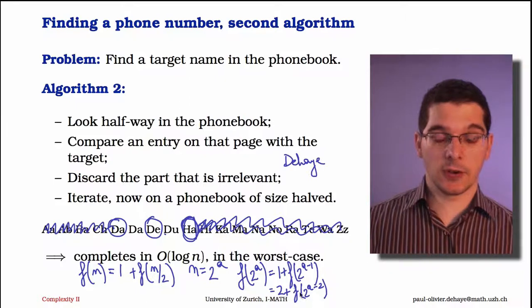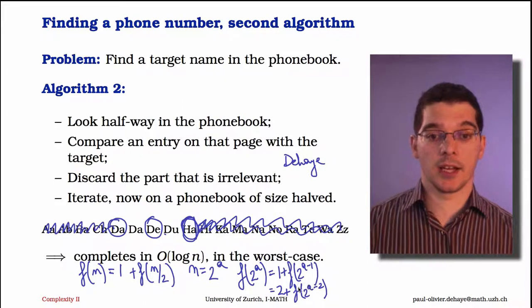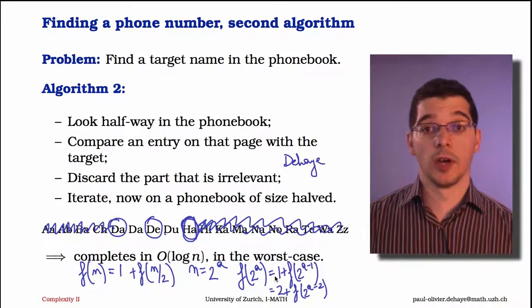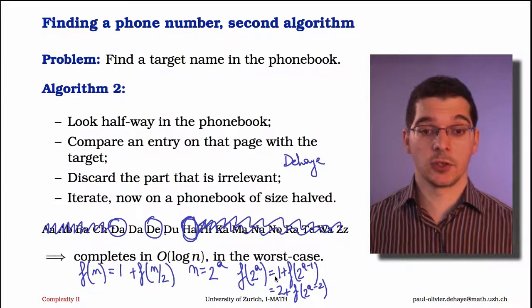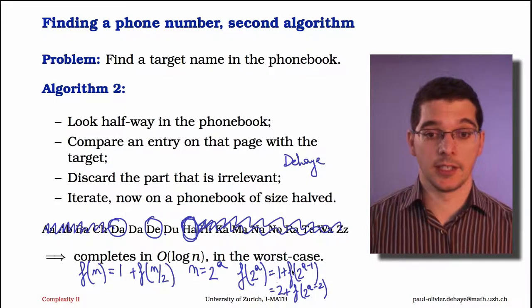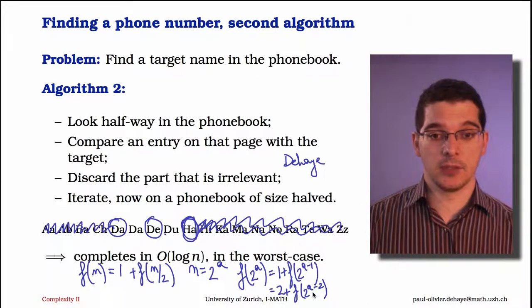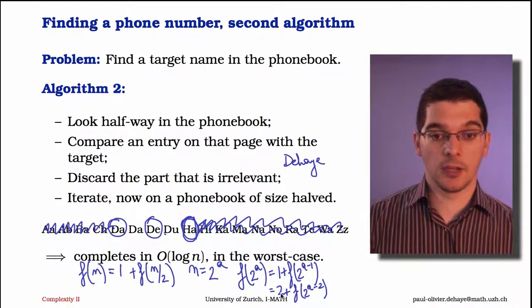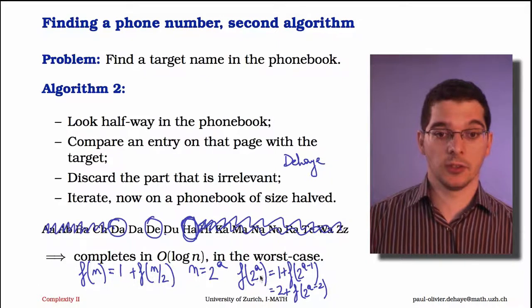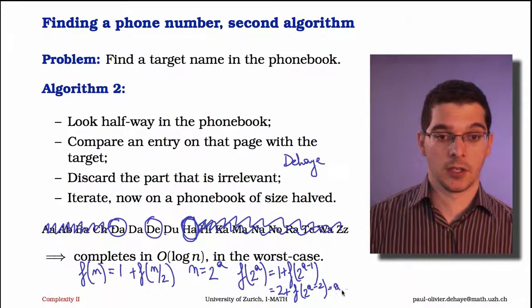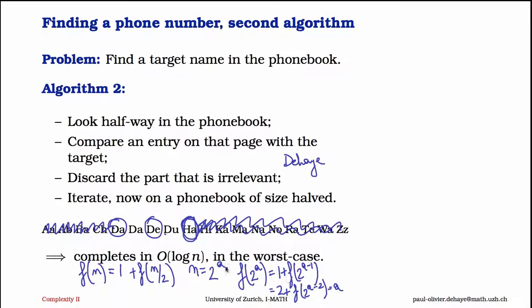Because those are powers of 2, you can iterate again and again, all the way to a phone book of size just 1, where you have just one name isolated. And how many times can you do this? Well, it will be the log in base 2 of n, in other words, a. So when n is equal to 2 to the a, then f of n is equal to a, which is the log in base 2 of n.